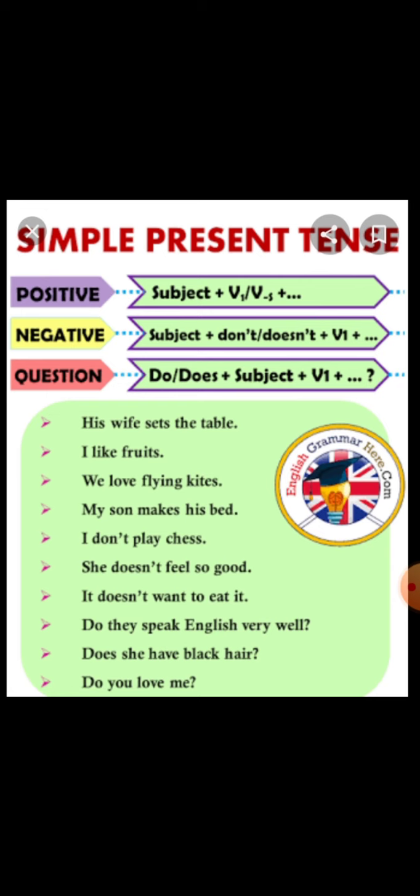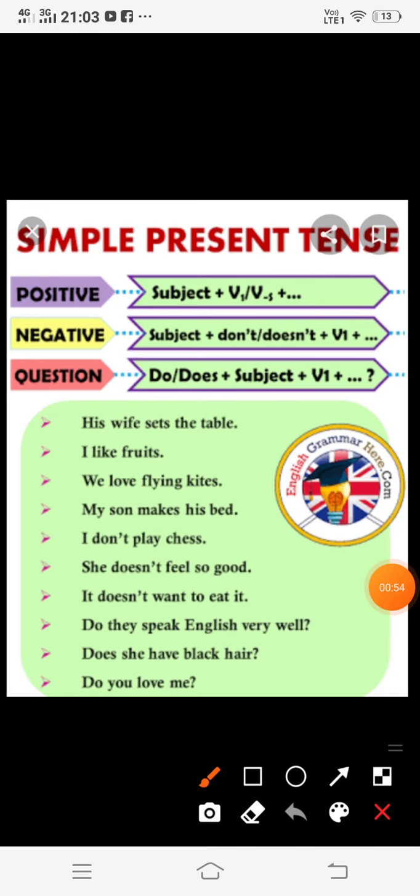As you know, present means what is going on at this time. That is called the present. In simple present tense, three rules are written. Positive: subject plus first form of the verb plus s or es, and object.